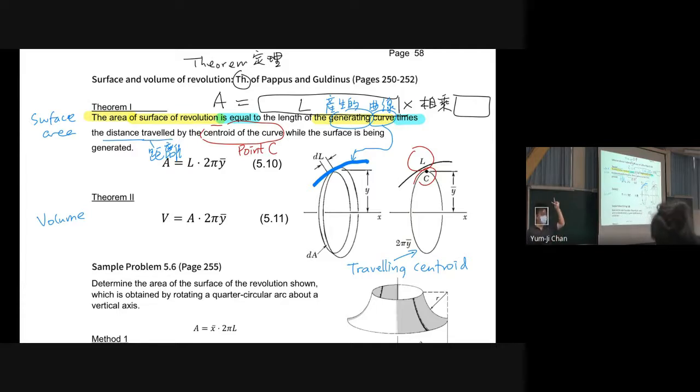By the way, if something is turned by one circle, sometimes we will say one cycle or one revolution.